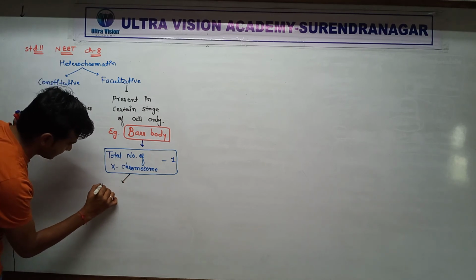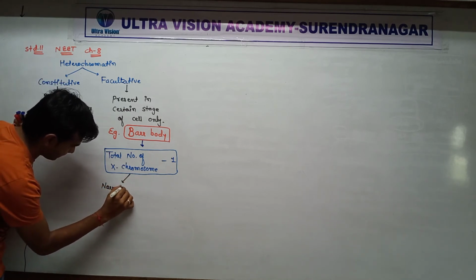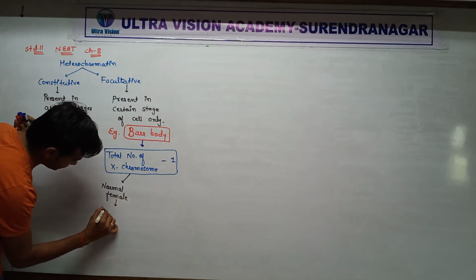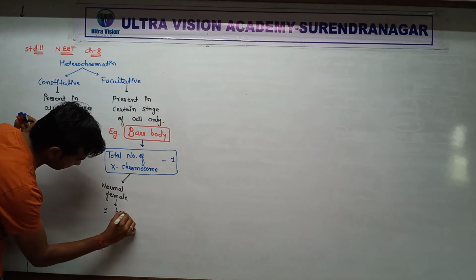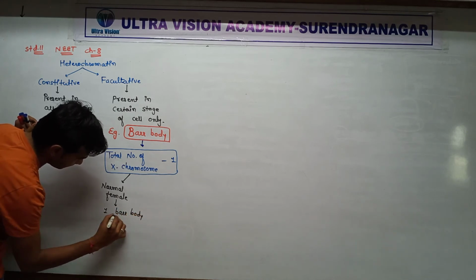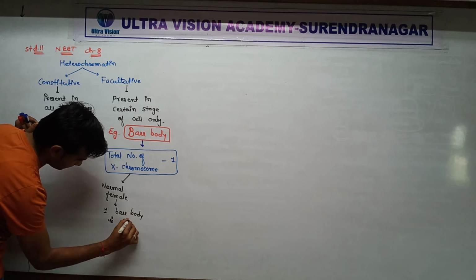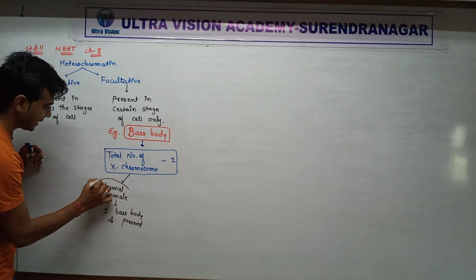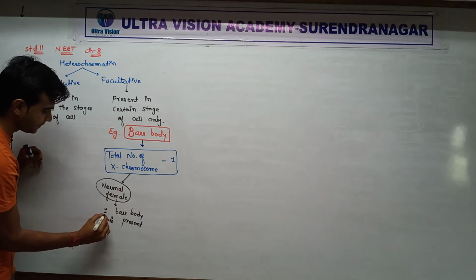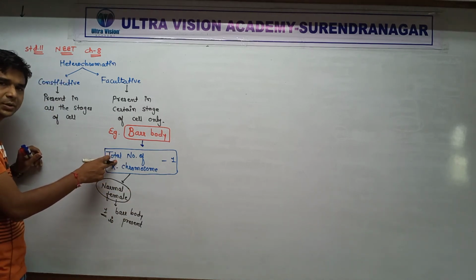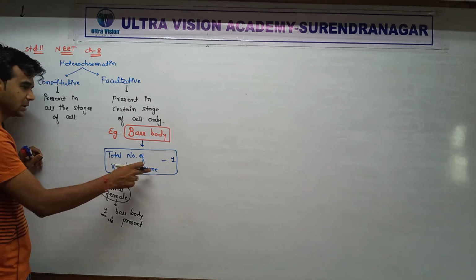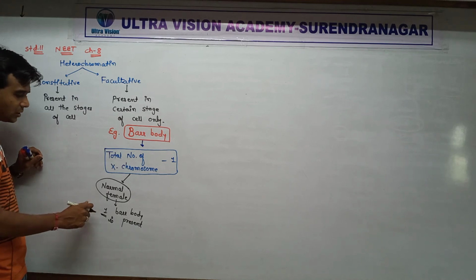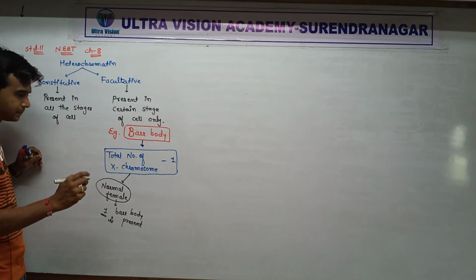Normal female consists of one bar body. Yes, now you know that normal female consists of a total of 2 X chromosomes. So 2 X chromosomes minus 1, so one bar body is present in a normal female, in human beings.